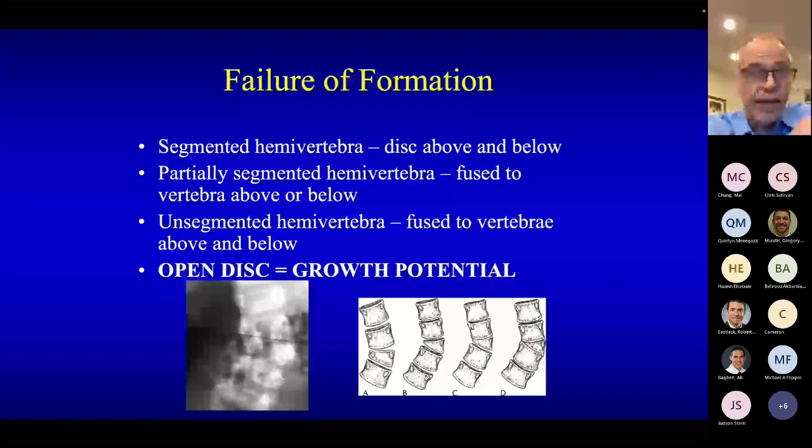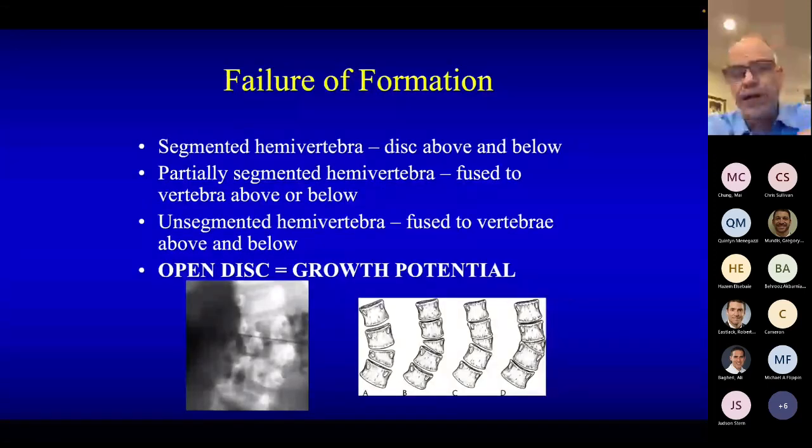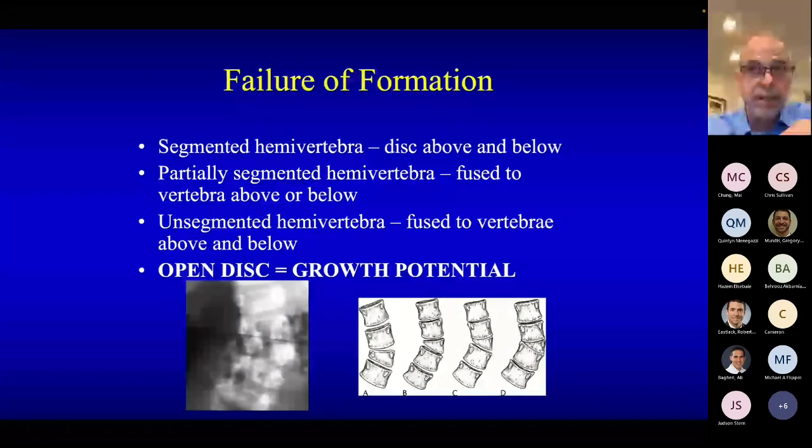For growth to happen, you need to have a disc space. If you have no disc space, then there's no growth potential from the growth plates between the disc and the vertebral body. Segmented means that there's a disc above and below, with unsegmented being fused to the vertebra above and below.